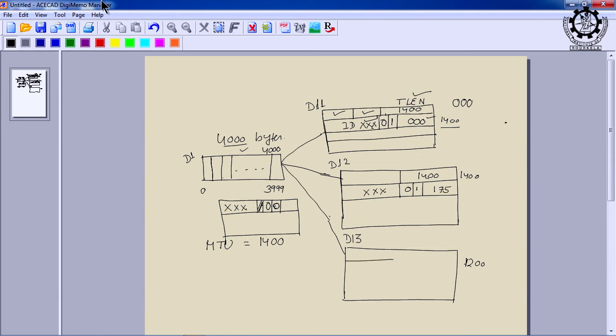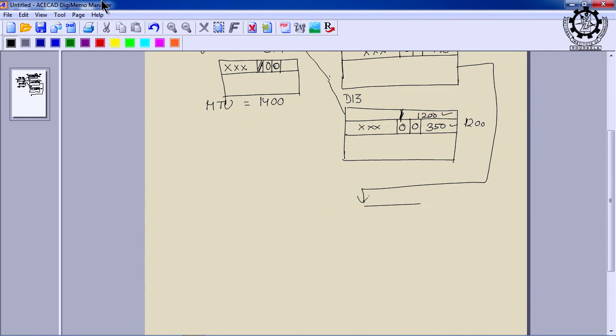And for the last one, what is the total length? 1200, then the ID field remains XXX, the D field is 0, the M field is 0, and the offset is 350. So, these are the header fields that get affected when you have multiple fragments.